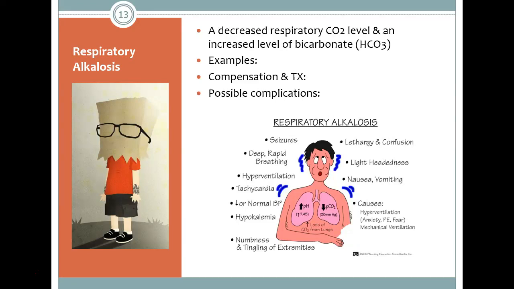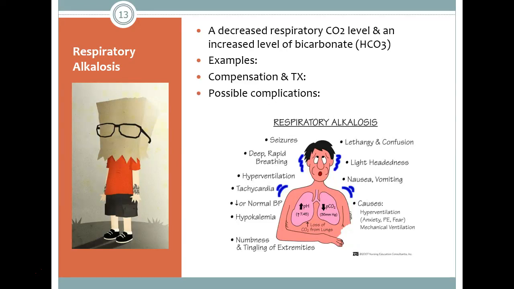So in order to equal or balance this respiratory alkalotic state, you will need to have your patient reabsorb the CO2 that's missing from their body. And the way that we can do that is we will have them breathe into a paper bag if possible.